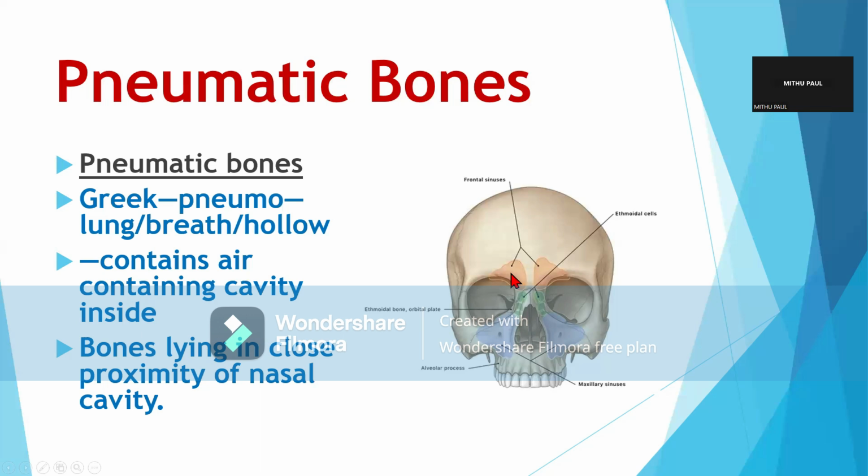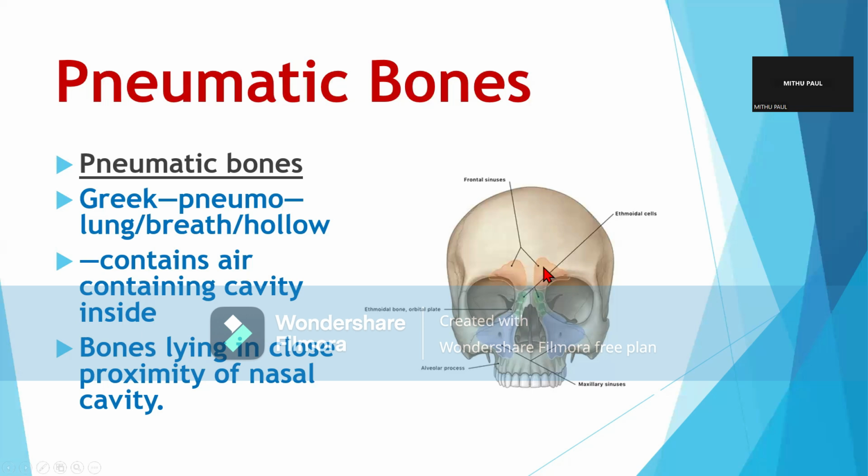Para means by the side of. These two are the frontal sinuses lying inside the frontal bone. These are the two maxillary sinuses, each lying within the body of the maxilla on either side. Then you have a series of multiple ethmoidal sinuses divided into different groups, anterior, middle, and posterior.